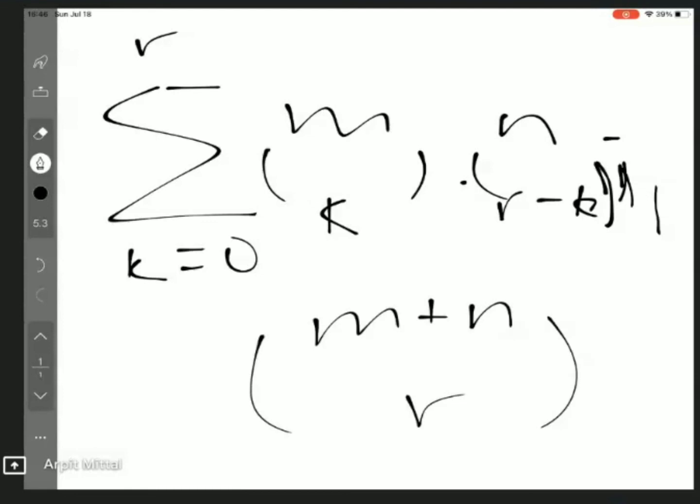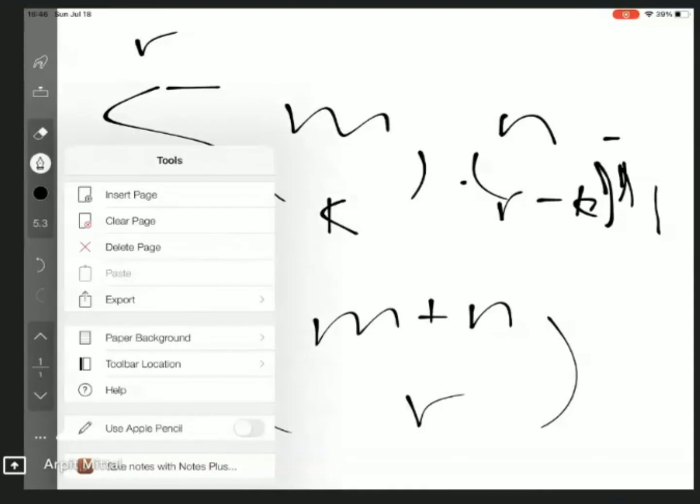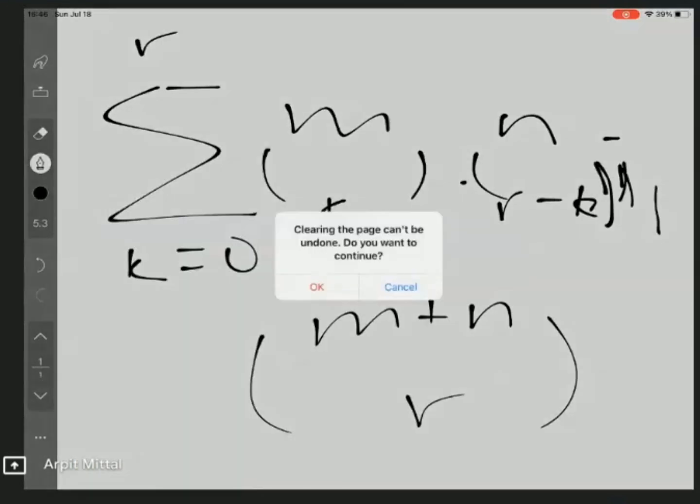So I'll write this again very neatly. So we have Vandermonde.